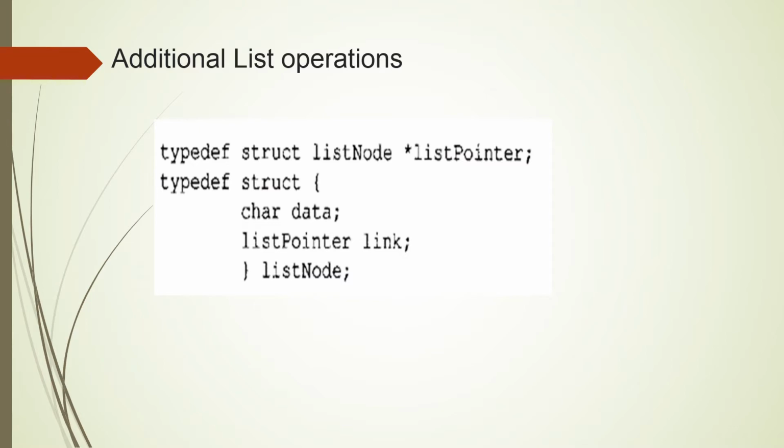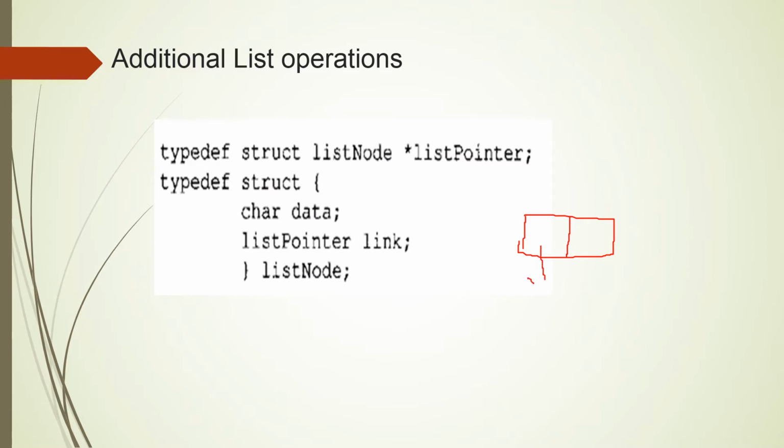If you use this structure definition to create a node of a linked list, it is going to create a node like this. This structure definition with a malloc function will create a node with two fields.